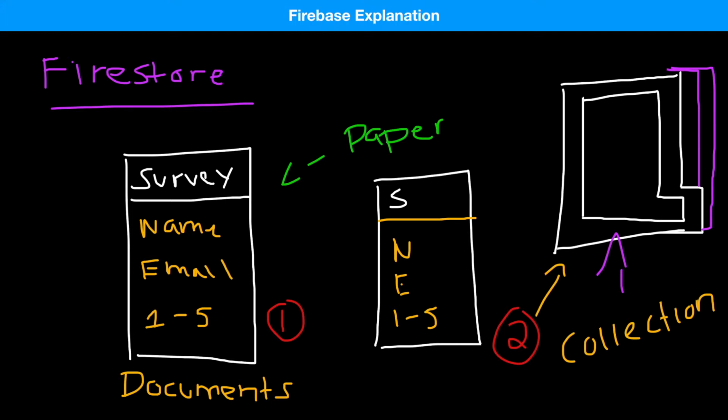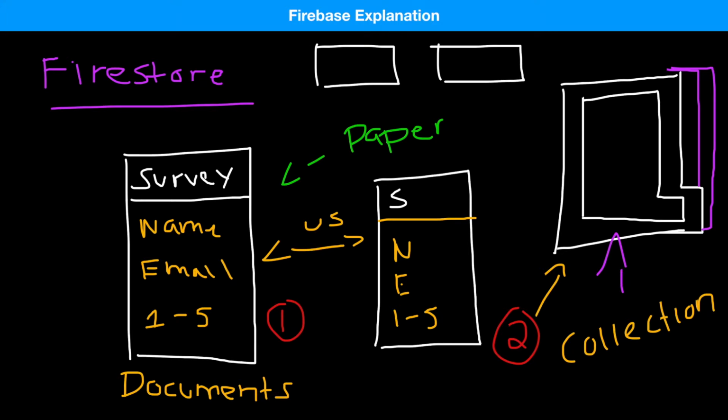Or let's just say that these surveys were conducted in the US, but my 2 other surveys were conducted in Canada. So you might have a collection, which we call a folder, in which we might store 3 and 4.